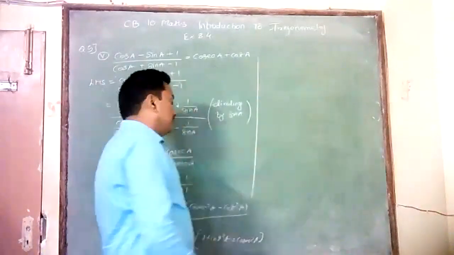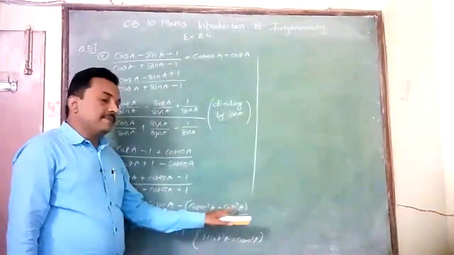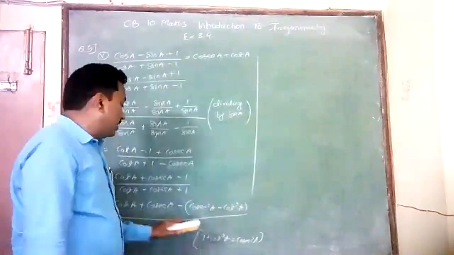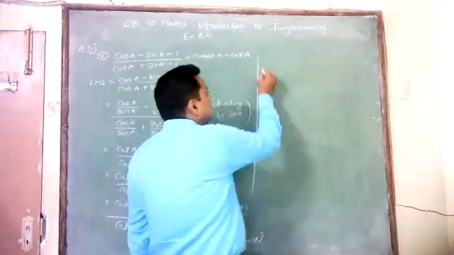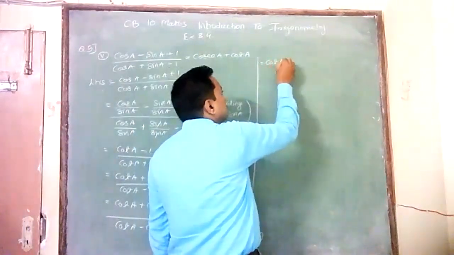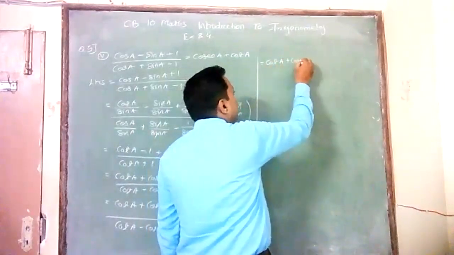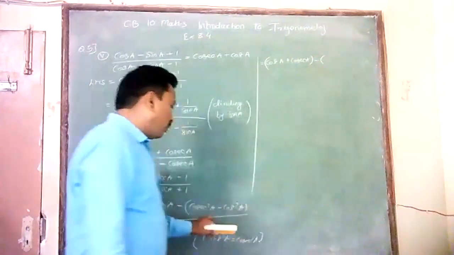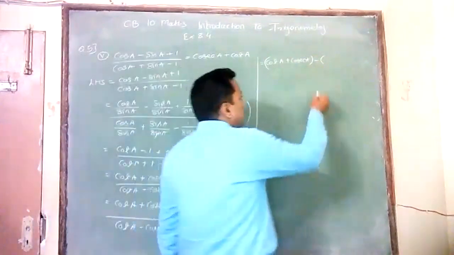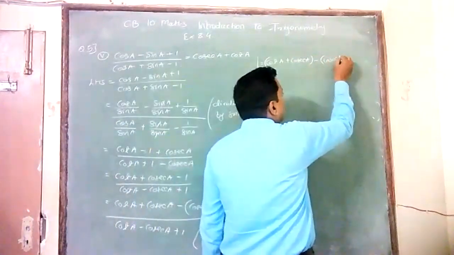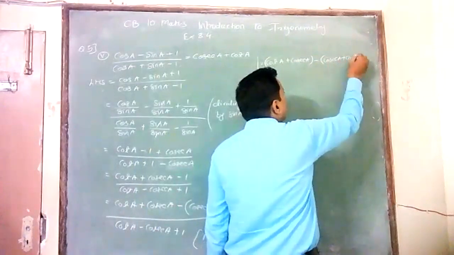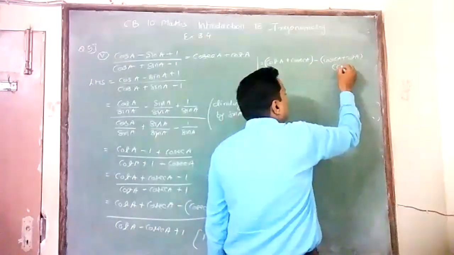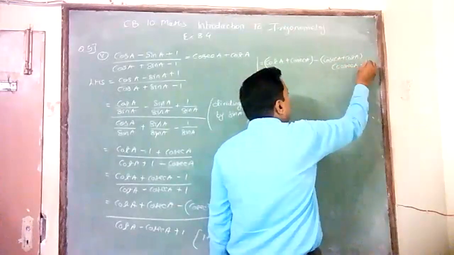Then numerator in this bracket, this is a plus b into a minus b. तो आइडेंटिटी यूज करो. Cosec a plus cot a, cosec a minus cot a.